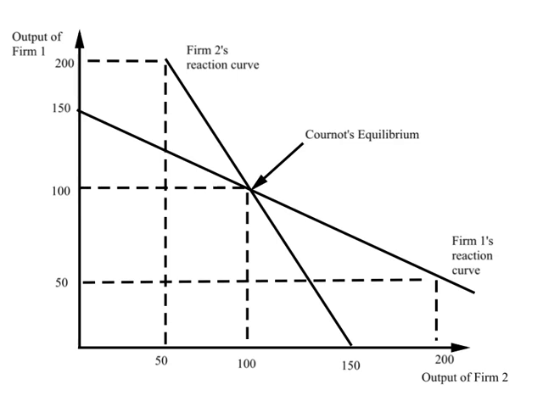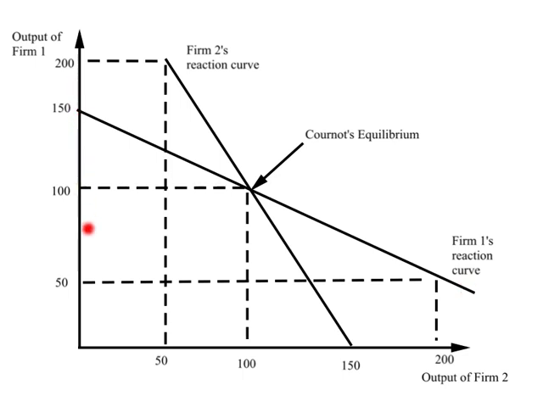Now, based on the reaction tables we had for firm 1 and firm 2, we can draw diagrams and we can call them firm 1's reaction curve and firm 2's reaction curve. On this diagram we have output of firm 1 on the vertical axis and output of firm 2 on the horizontal axis, and based on that information we have firm 1's reaction curve. Now look at the following.